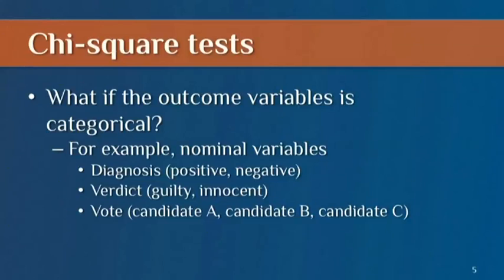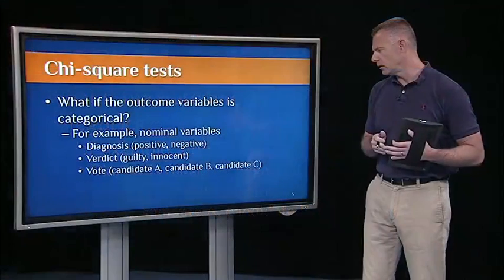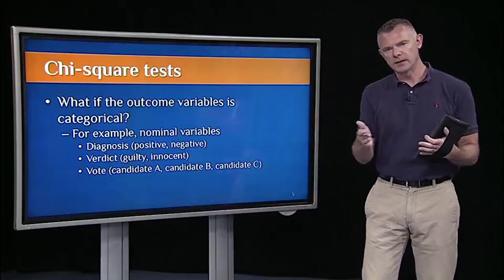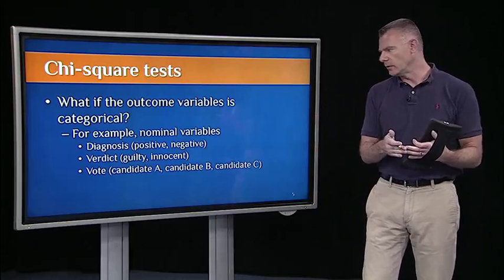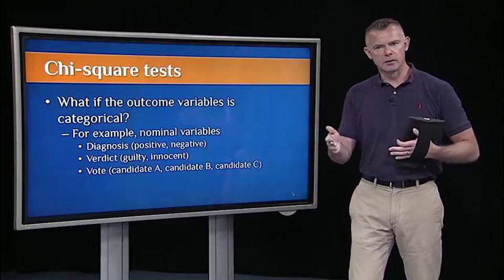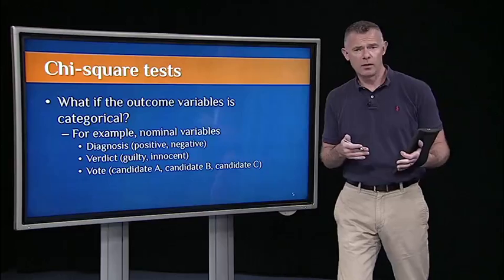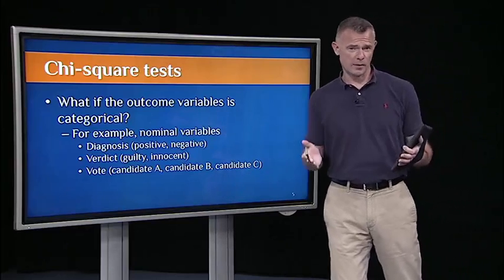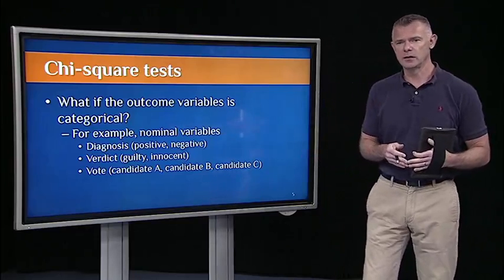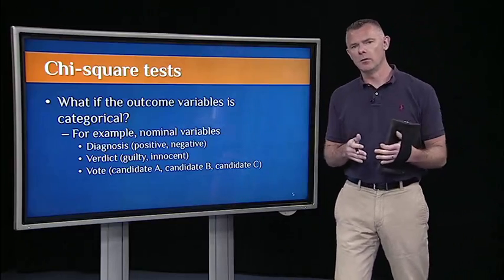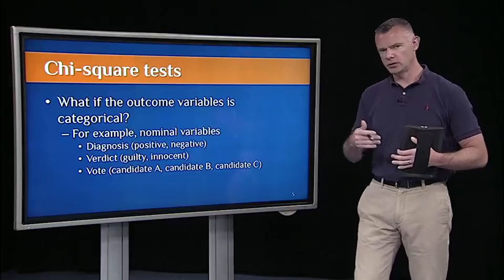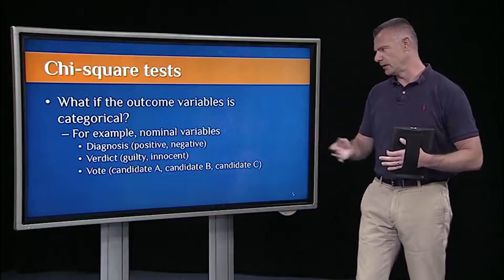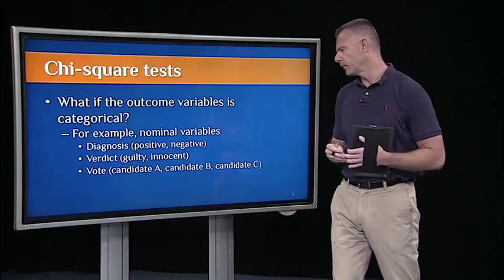If we go back to the beginning of the course, that first lecture, a diagnosis of polio, if we looked at it at the level of individual children, that would just be positive or negative. You're either diagnosed with polio or not. That's a categorical outcome. A place where this type of research is very common is in psychology and law, where we're trying to predict whether a juror will vote guilty or not guilty in a trial.